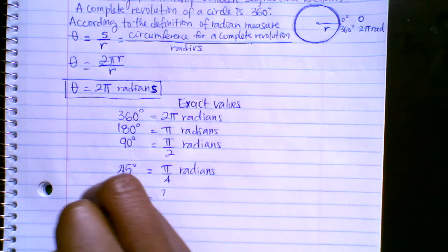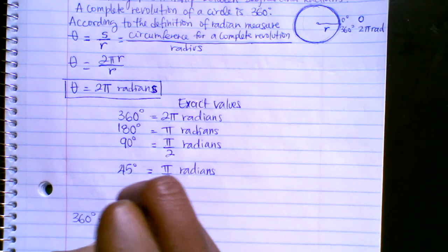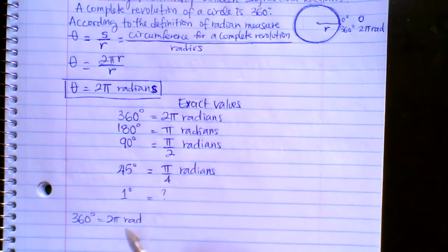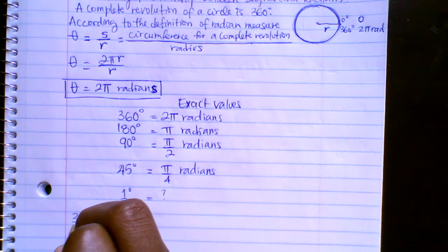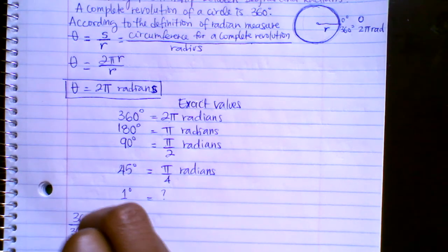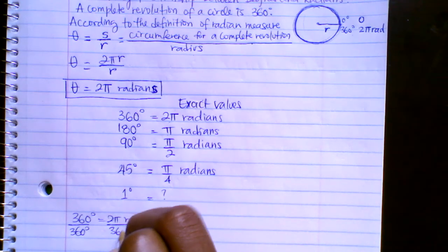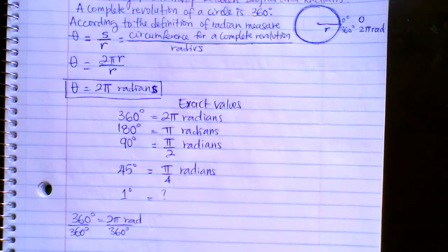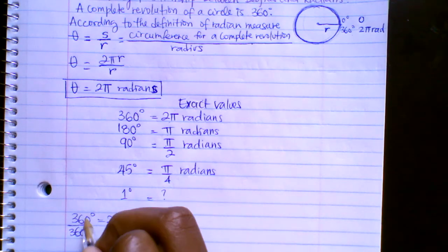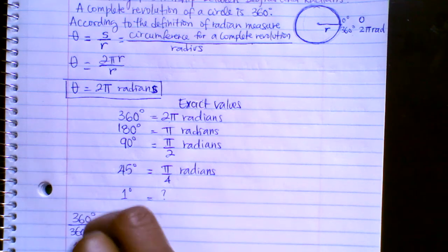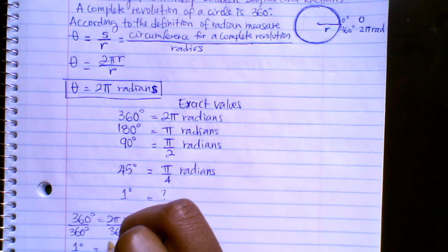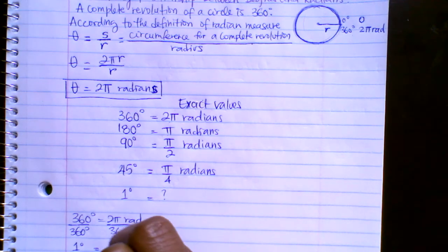So 360 degrees equals 2 pi radians. Since I want to find only 1 degree, I'm going to divide both sides by 360 degrees. So I'm going to be left with 1 degree equals pi over 180 degrees.